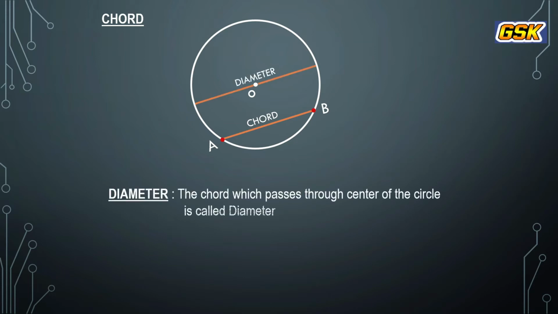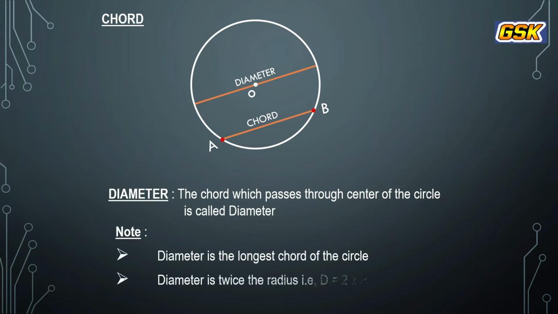So the chord which passes through center of the circle is called diameter. Note, diameter is the longest chord of the circle and diameter is twice the radius. That is, D equals 2 into R. Diameter is double the radius.